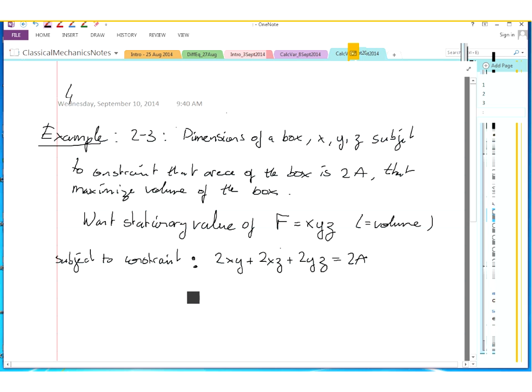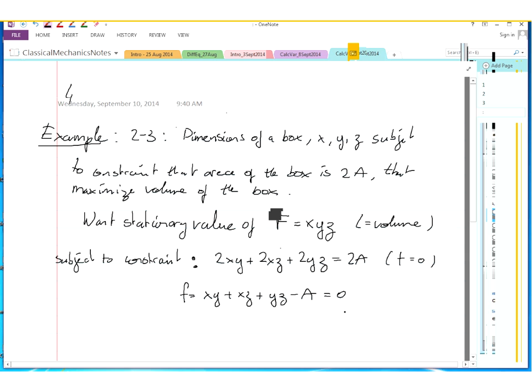Right? So the constraint equation, remember, we want to write something that equals 0, right? So if I want to write it in that form, f is equal to xy plus xz plus yz minus a, right? And that's equal to 0.